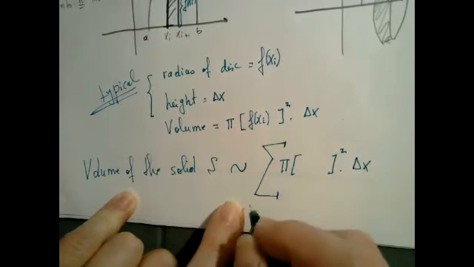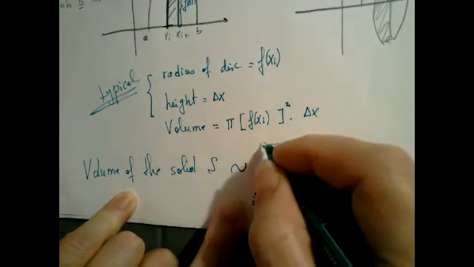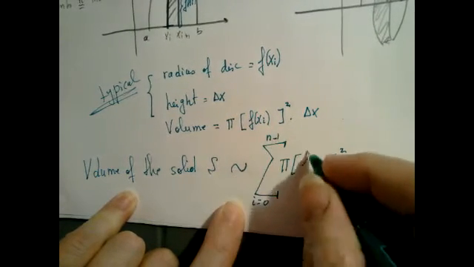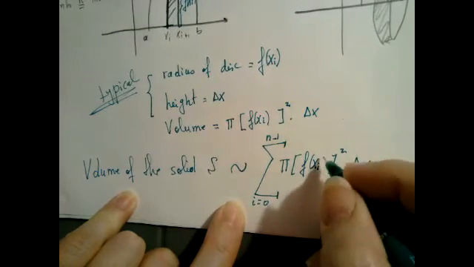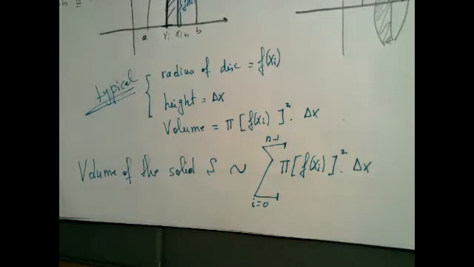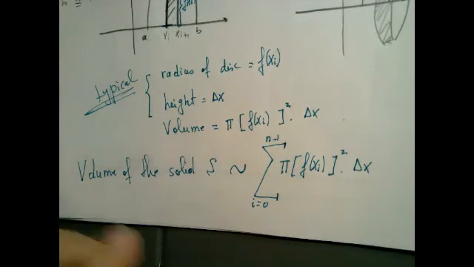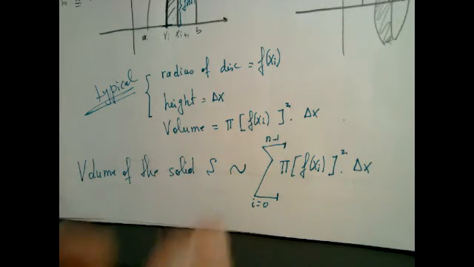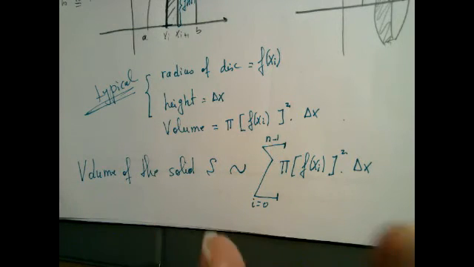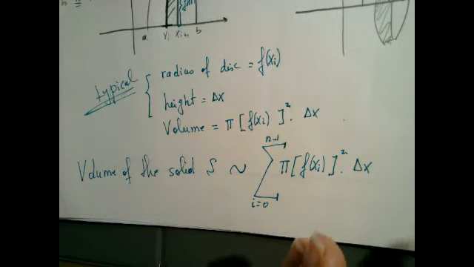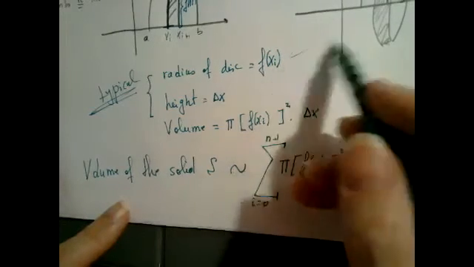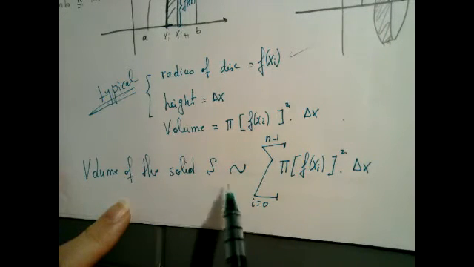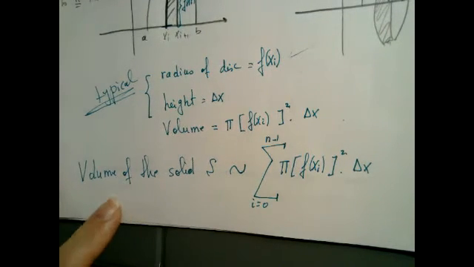So that's the approximation. The idea is to approximate. We have no other way. We want to find the volume of a complicated figure. We split it into volumes of things we know. And what we picked this time to fill it with are those little disks. So the volume of the solid is approximately equal to that.